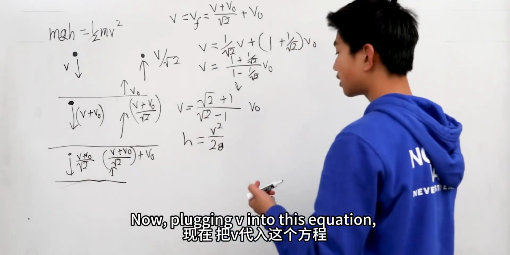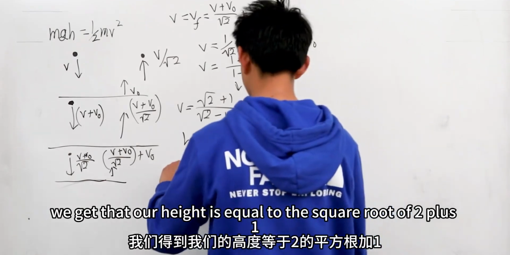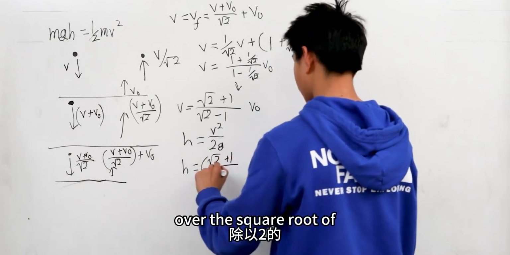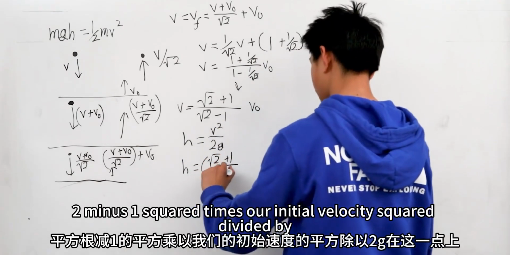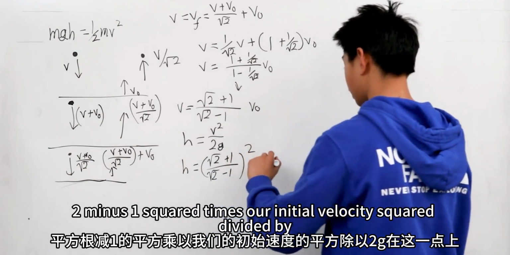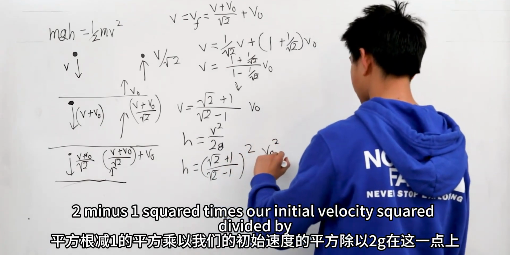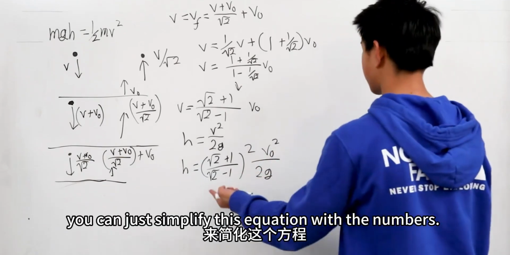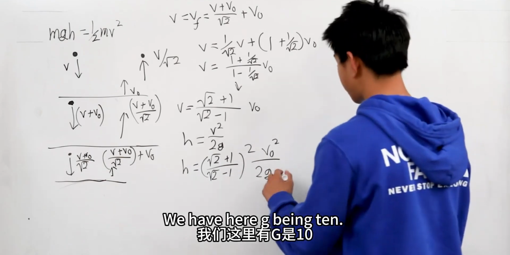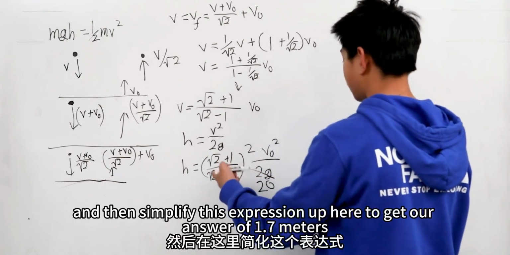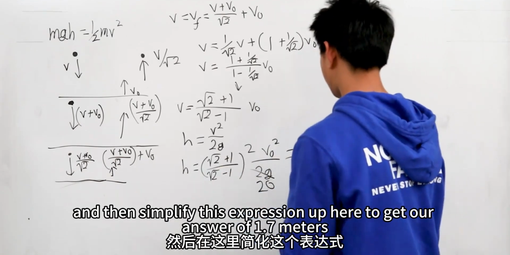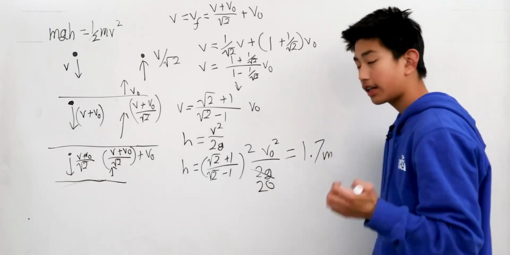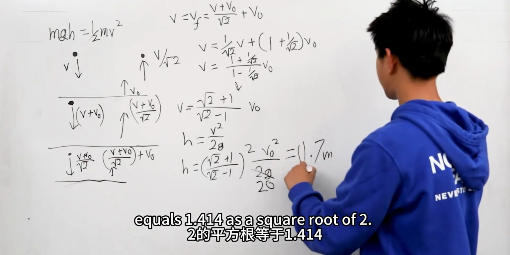Now, plugging v into this equation, we get that our height is equal to the square root of 2 plus 1 over the square root of 2 minus 1, squared, times our initial velocity squared divided by 2g. And at this point, you can just simplify this expression with the numbers we have here, g being 10, so this is 20, and then simplify to get our answer of 1.7 meters, using 1.414 as the square root of 2.